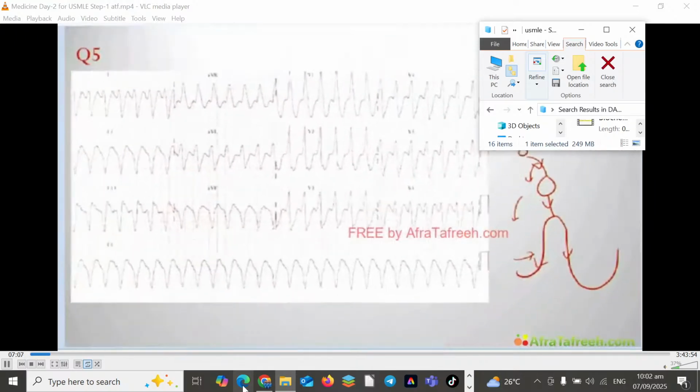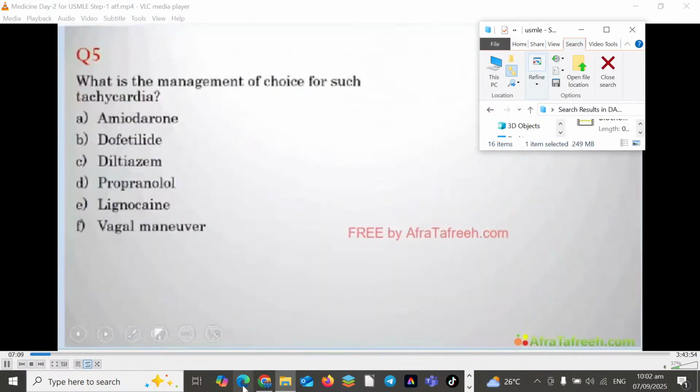Okay. So the question is, what is the management of choice for such a tachycardia? When you have a tachycardia starting from the ventricles going upwards, you cannot control the atria, you cannot control the AV node.